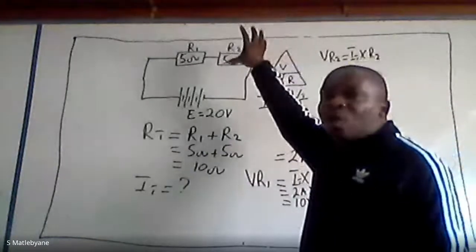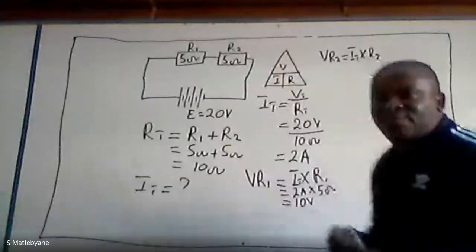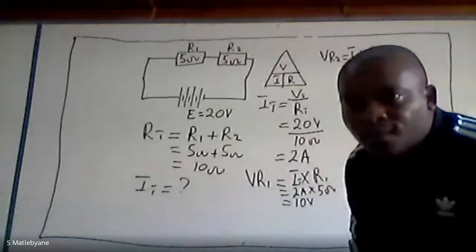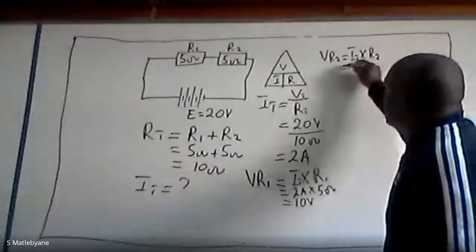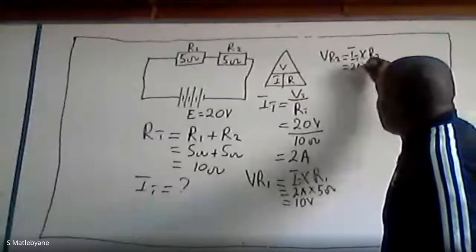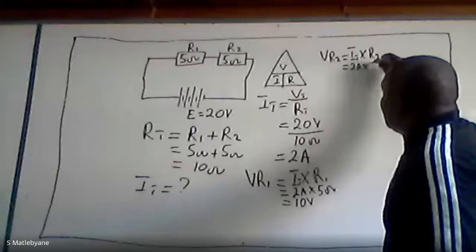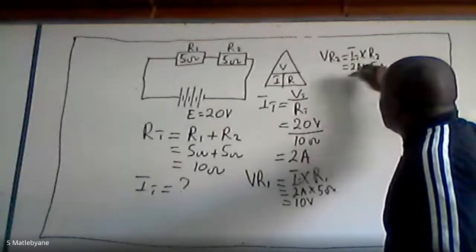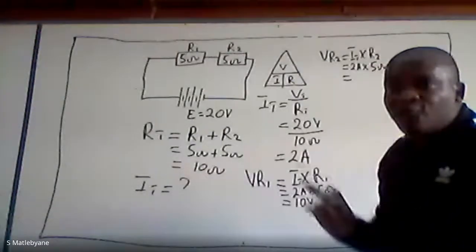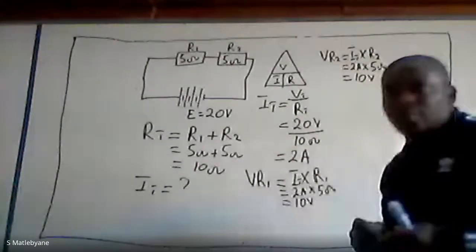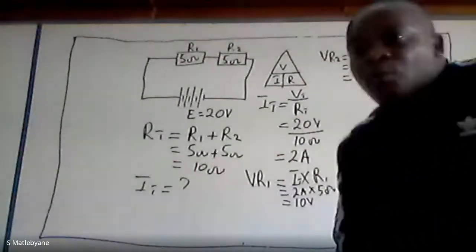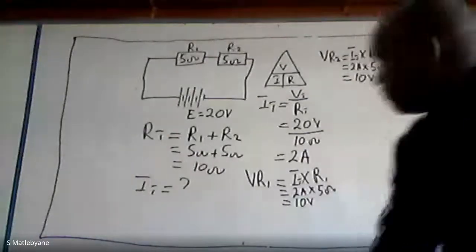So we focus on resistor 2. Then total current is 2 amps. We multiply by 5 ohms again. So the voltage across resistor 2 will be 10 volts.